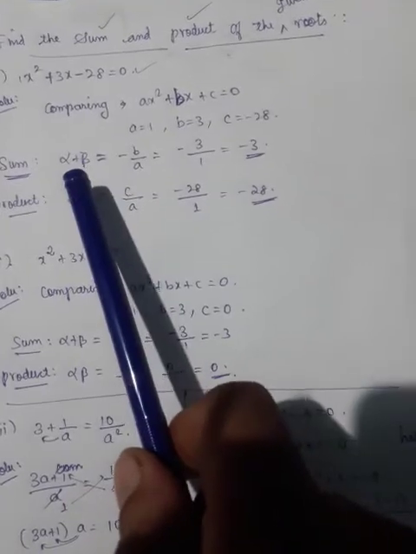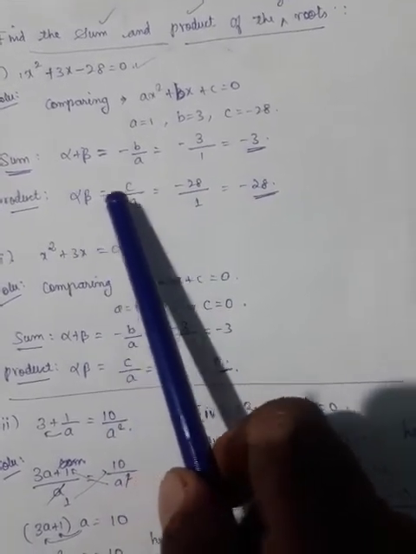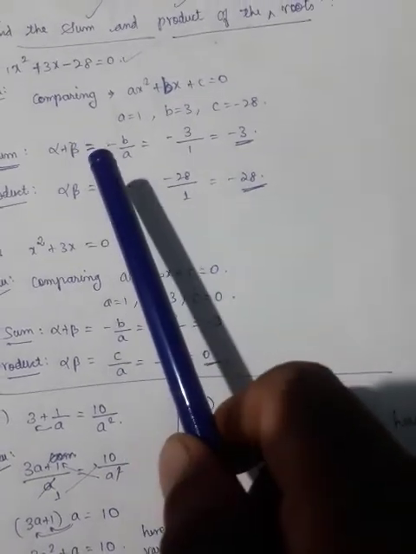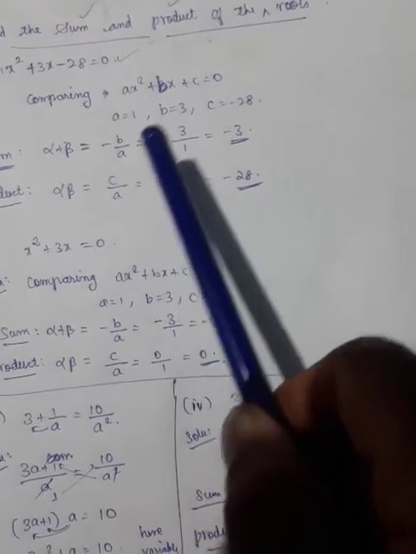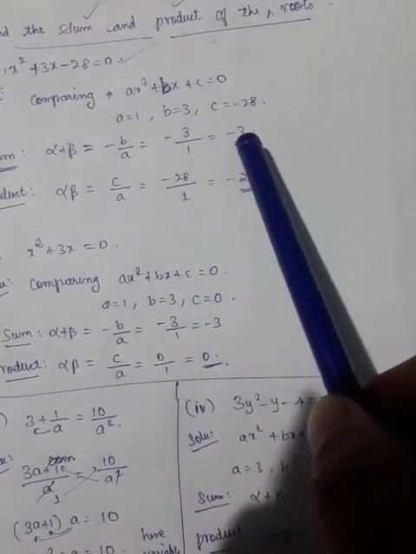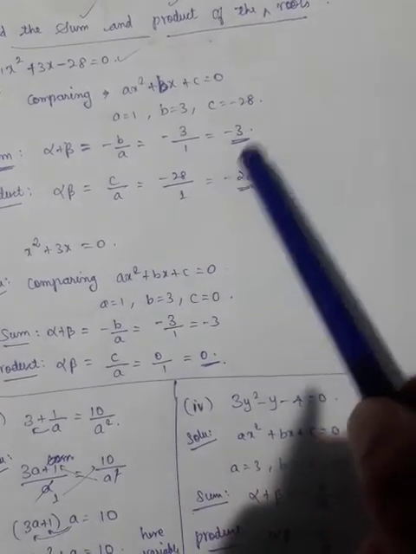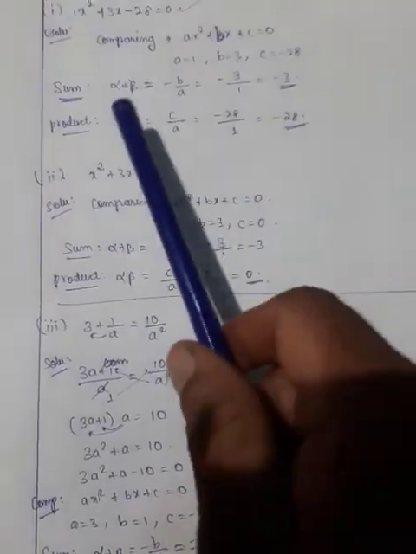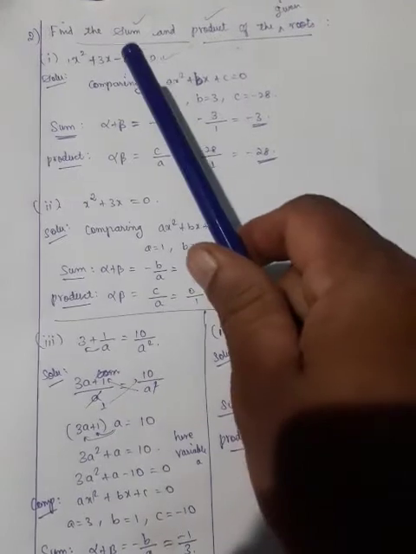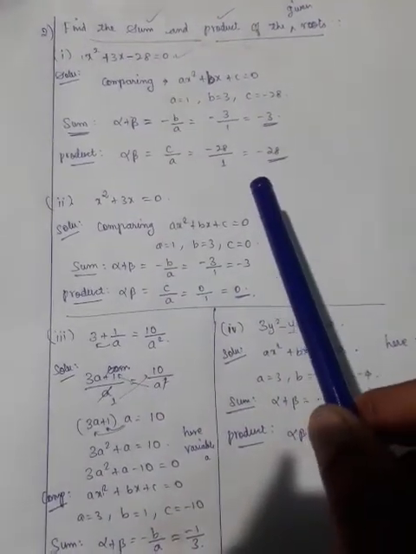We know the formulas: alpha plus beta equal to minus b by a, product of alpha beta equal to c by a. So minus 3 by 1 equal to minus 3, c by a equal to minus 28 by 1 equal to minus 28. So this is our answer, sum and product: minus 3 and minus 28.